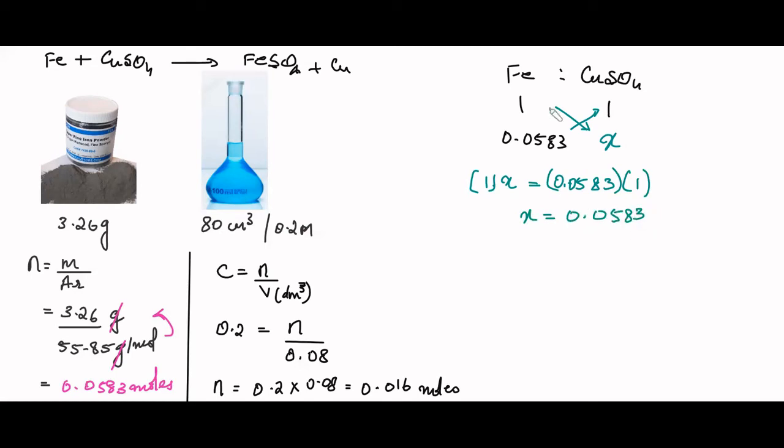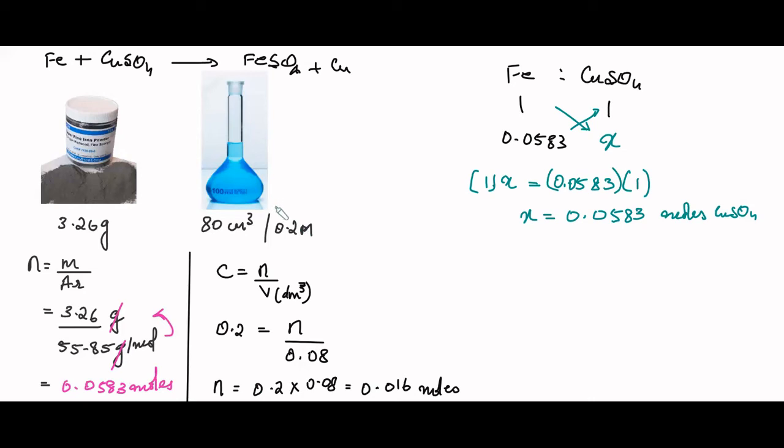So that means if I'm having 0.0583 moles of iron, I'll be requiring exactly the same quantity of copper sulfate. So that many moles of copper sulfate itself. But if you're analyzing the data that we had calculated before, we are finding that the copper sulfate is 0.016 that we have in the solution we are using.